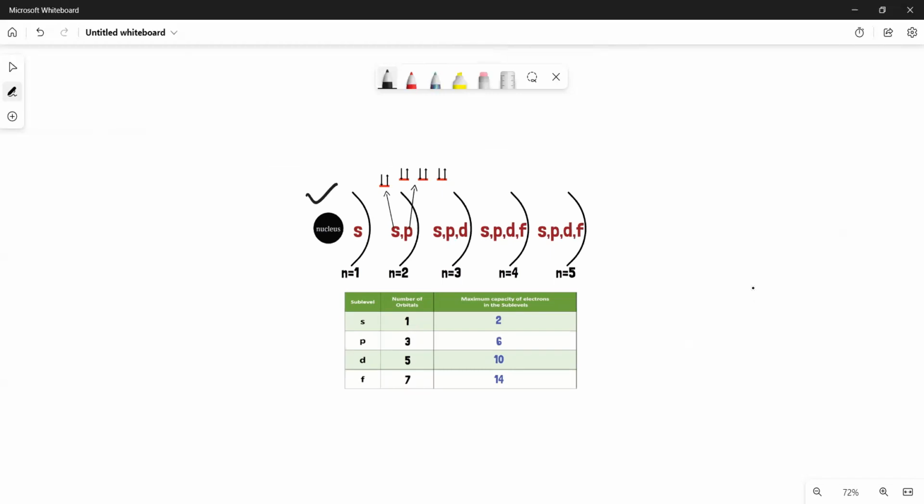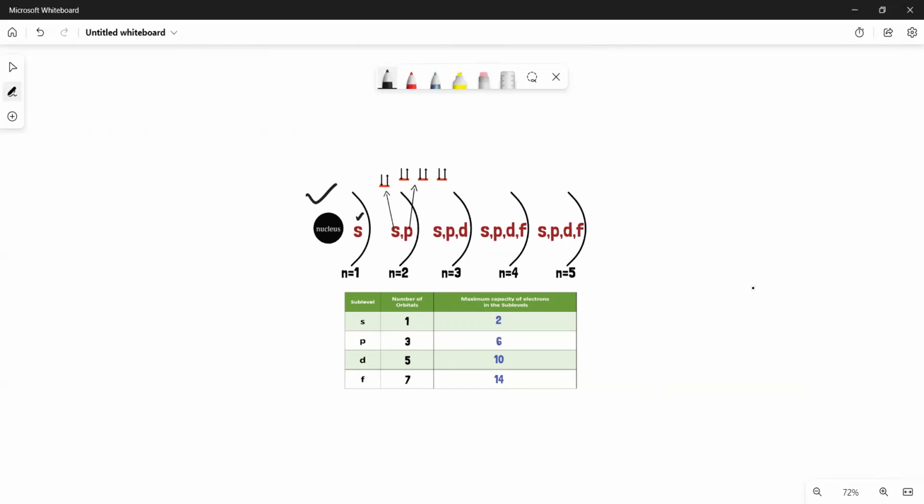So it is the nucleus, and the first, n equal to 1, has only S. n equal to 2 has only S and P, n equal to 3 has S, P, D, n equal to 4 has S, P, D, F, n equal to 5 has S, P, D, F, because G is not there actually, right? G means it is a very diffuse subshell, so people don't think of this G. For n equal to 5, S, P, D, F, most elements fill in this way, so people don't take up G. So you can see this case.